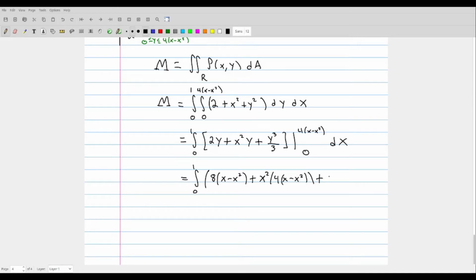And then lastly, plus 4x minus x squared cubed divided by 3.